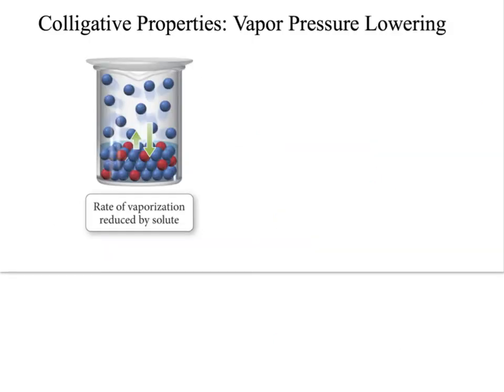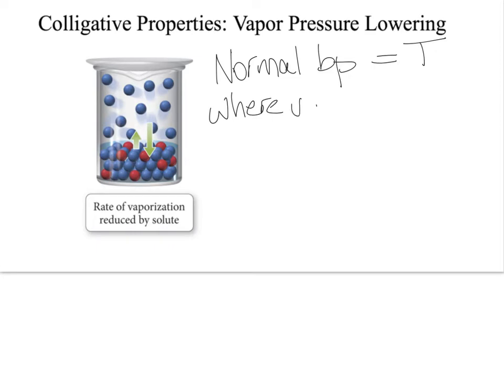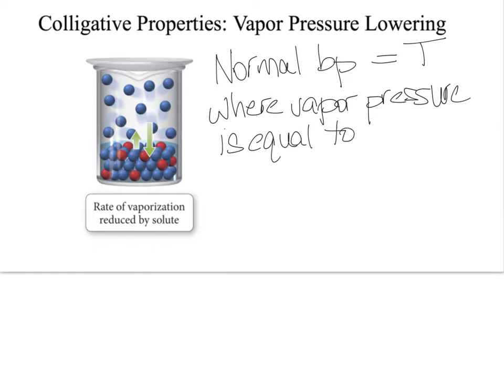The normal boiling point of any substance is the temperature where vapor pressure is equal to atmospheric pressure. Now, standard pressure is 1 atmosphere.